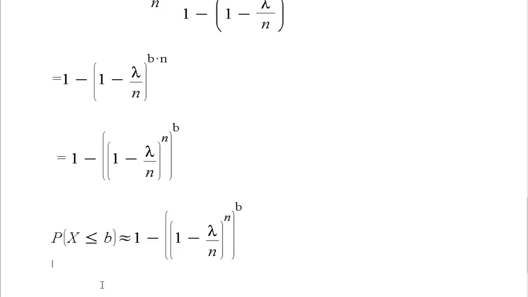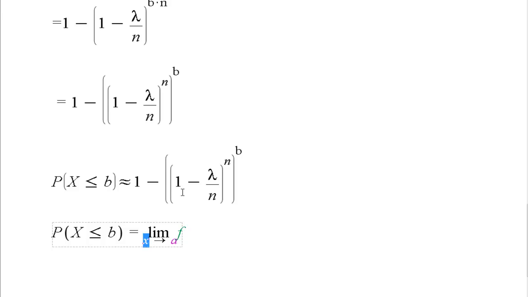This approximation gets better and better as n gets larger and larger, and we can make it as good as we would like, simply by choosing n as large as we would like. What that means is that if I want to compute the probability that X is no larger than b exactly, then I take the limit. That's going to be equal to the limit as n approaches infinity of this.